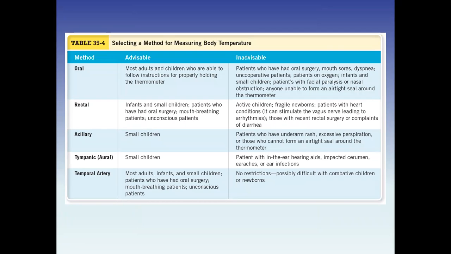There is the oral, the rectal, the axillary, the tympanic, and the temporal artery. The oral is for most adults and children who are able to follow instructions by properly holding the thermometer.